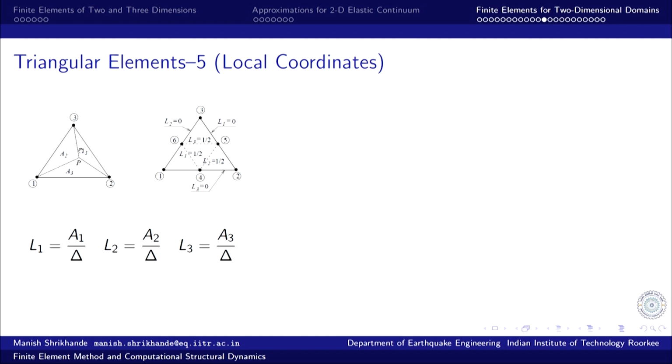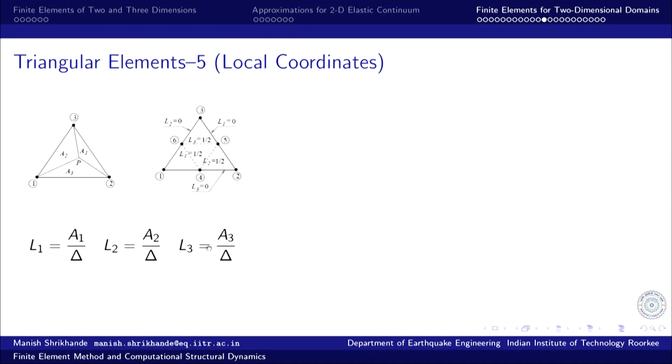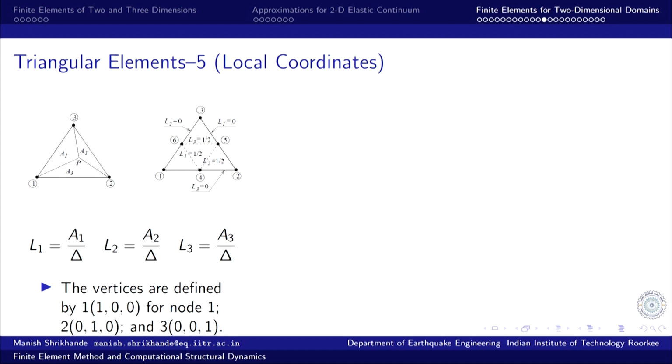Wherever I take this point P, these ratios will change accordingly. So, these ratios in a way serve as coordinates of the point P. Instead of x and y, I can locate any interior point by talking in terms of these ratios of the areas. The vertices are defined accordingly.